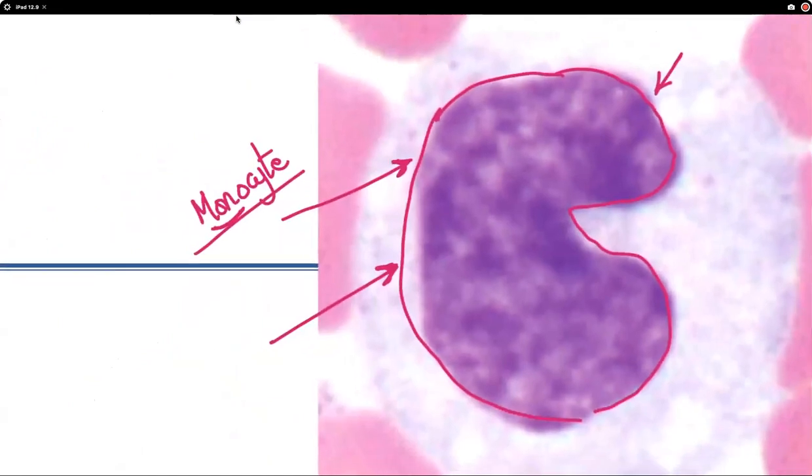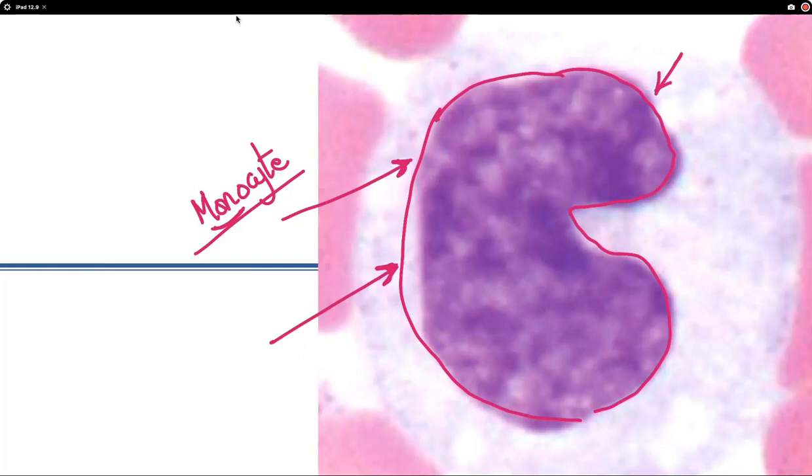Another type of white blood cell that we're looking at in here is a white blood cell that has a kidney-shaped nucleus. This is my monocyte. And remember, the monocytes are the precursor cells for the tissue macrophages.